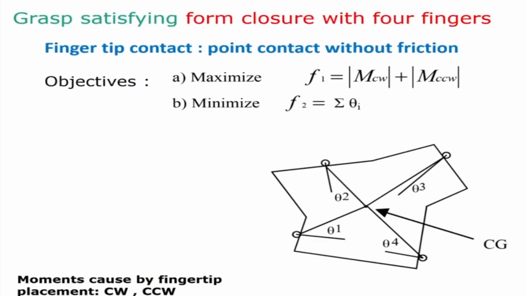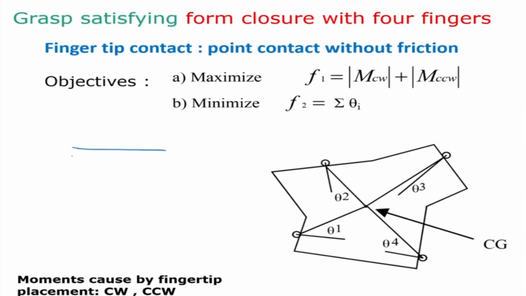Now, if you want to satisfy a grasp, we need to satisfy the conditions of placement of the fingers. Where are you going to place your fingers? We can have objectives like the fingers should be placed such that the clockwise and the anti-clockwise moments are the same. That makes sense.